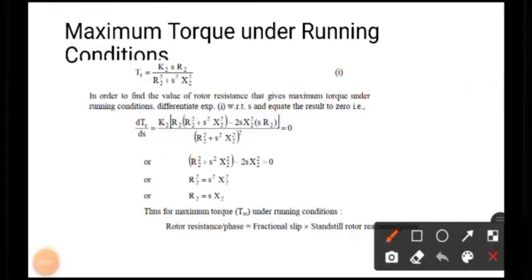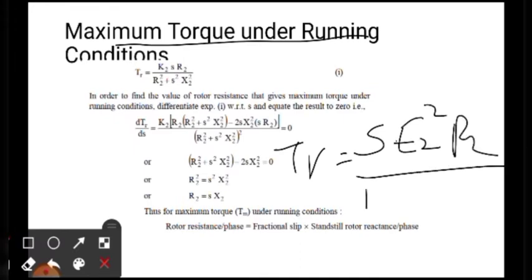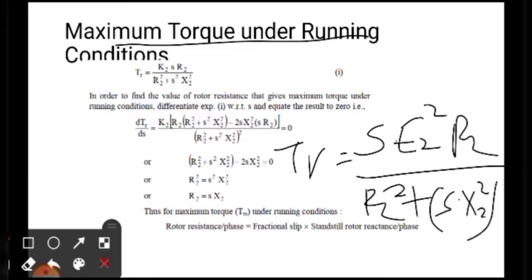Now we are going to see maximum torque under running condition. In the last slide we have seen torque under running condition, and it is given as TR = S E2² R2 divided by (R2² + (S X2)²).